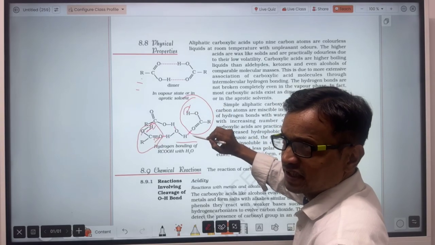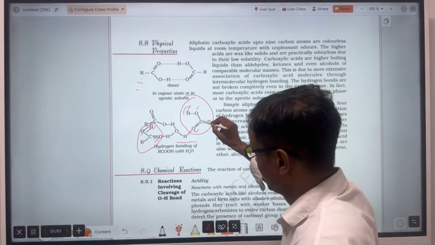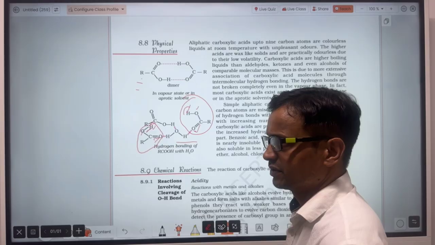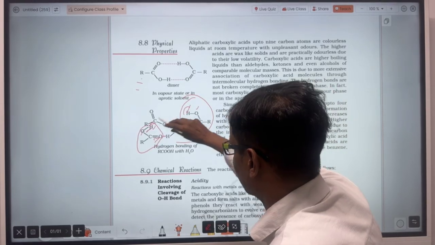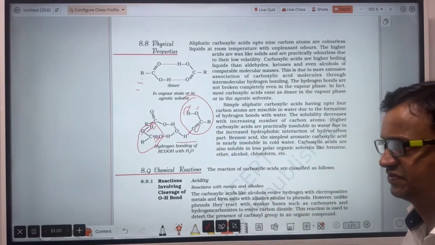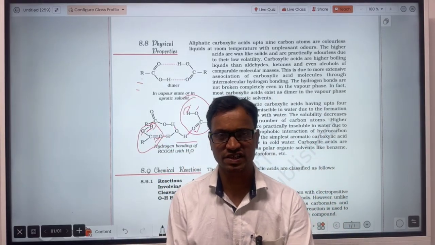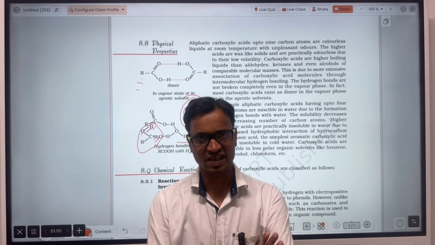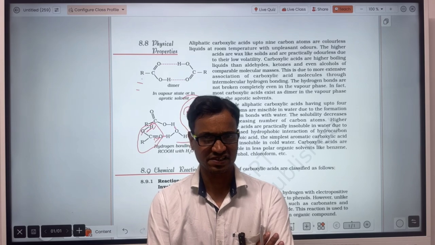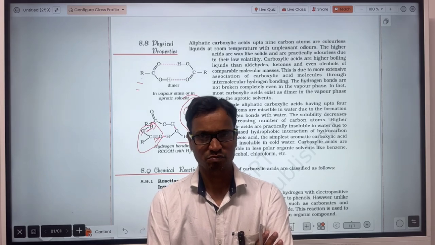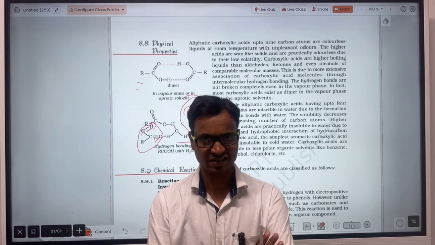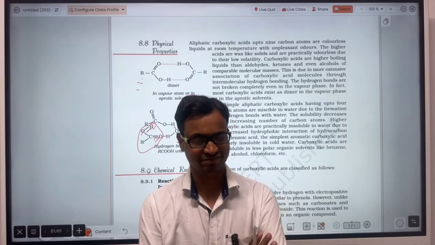So this hydrogen will be involved in the hydrogen bond formation with this oxygen and this oxygen. So the extent of hydrogen bonding in the carboxylic acid molecule is more. That's why carboxylic acids possess greater melting point and boiling point than alcohol.